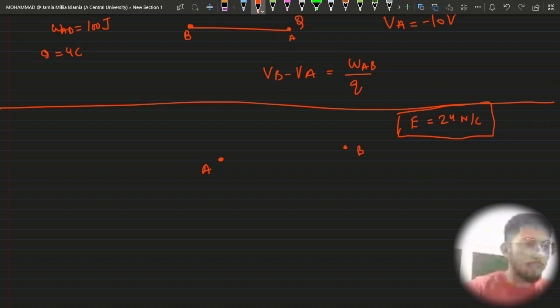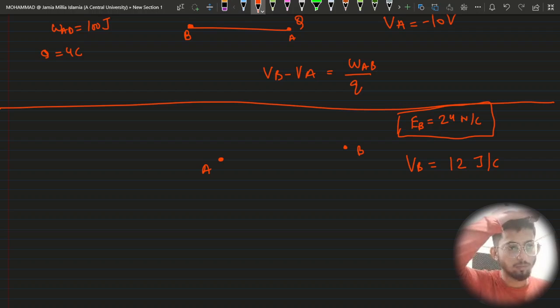Now further he's saying that the electric potential at B due to the same charge is 12. So E at B is 24 and V at B due to the same charge is 12 joule per coulomb. We want to find the distance AB and the magnitude of the charge.